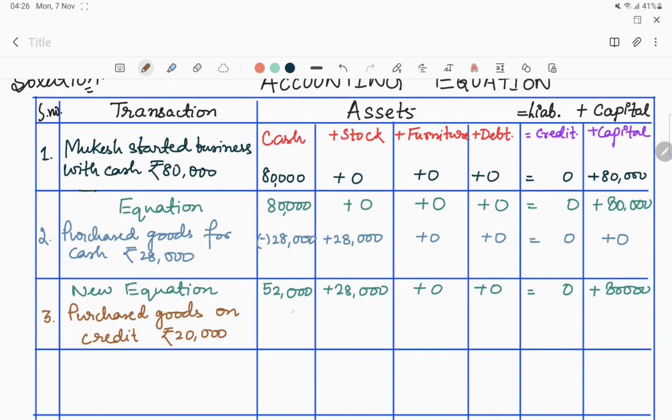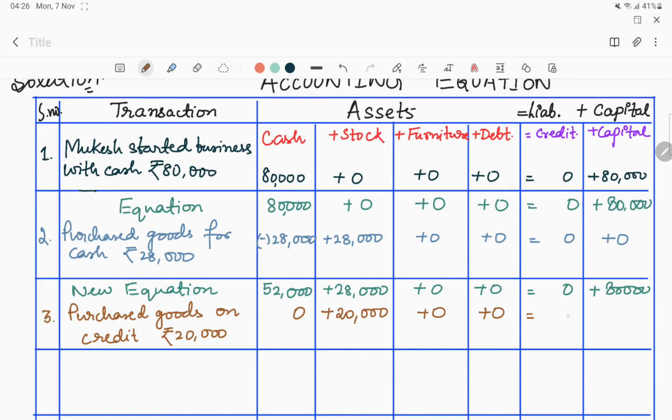So there is no cash exchange here, so it is 0. He has purchased goods, so it will go in stock. So you have to add 20,000 to the stock. No furniture, so 0. No debtors, so 0.